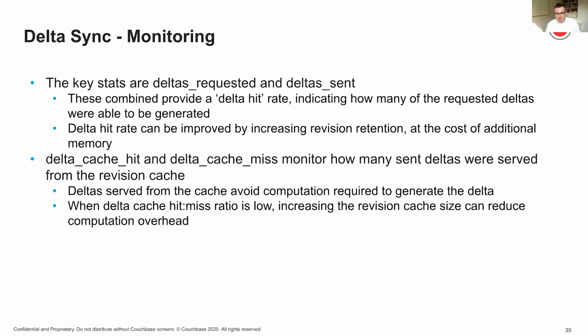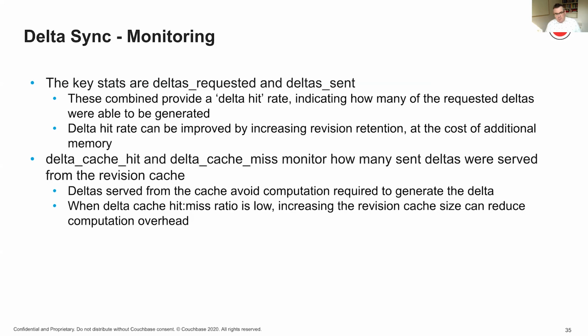Delta cache hit and delta cache miss monitor how many of the sent deltas were served from the revision cache. This is a slightly different area for optimization, where even if the delta is available, sorry, in the bucket, we have to go retrieve that, compute the delta, and send it. When we do that, we store it in our revision cache.